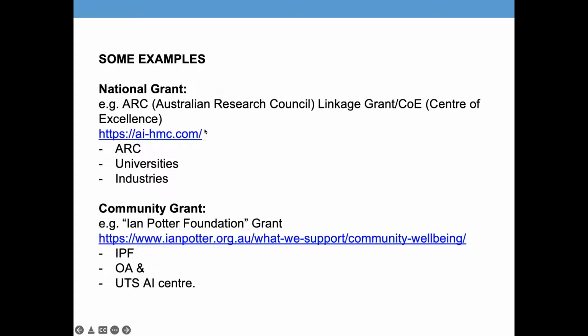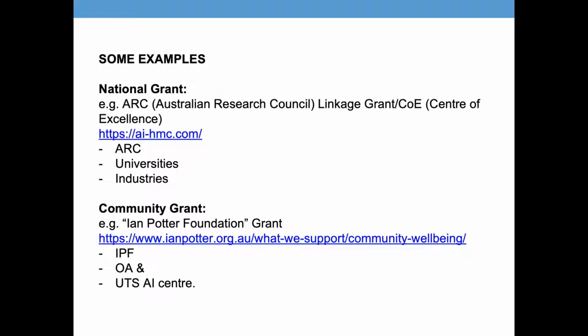Some examples I can give you: this type of grant can be a national grant, for example the ARC, the Australian Research Council grant. It's mainly dealing with fundamental research, and that type of research is unlikely to be invested in independently by most of the industry, because it's hard to see profit in a very short time period.